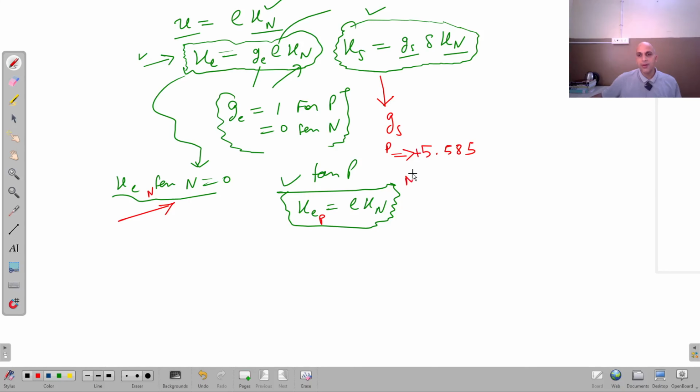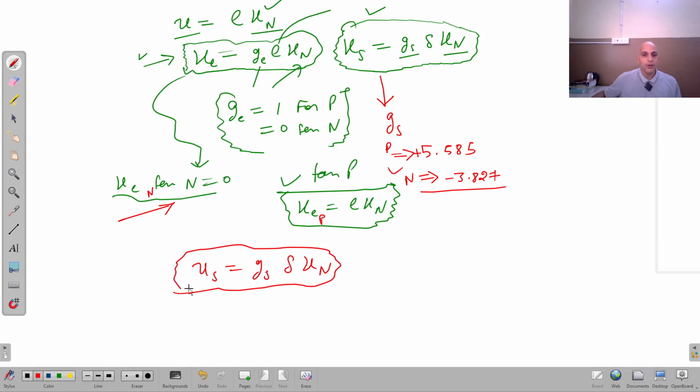But if I write it for a neutron, then you will be surprised. It is minus 3.827. It means this is not equal to 0. Mu S is equal to Gs into S into mu n. This term is not zero for a neutron. It is not equal to zero, but in fact it is negative, because for a neutron Gs is this value, and for a proton it is this one.